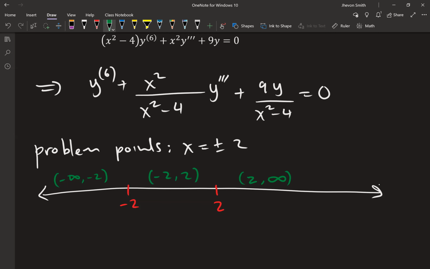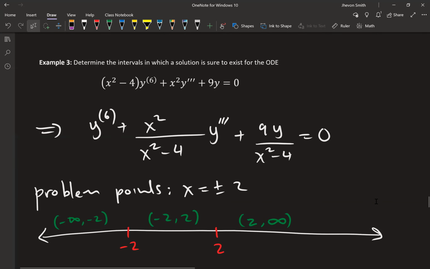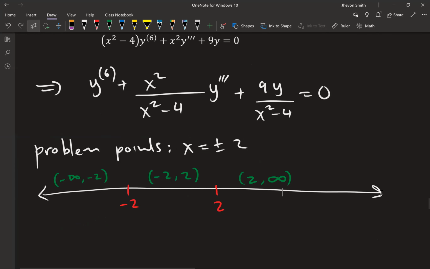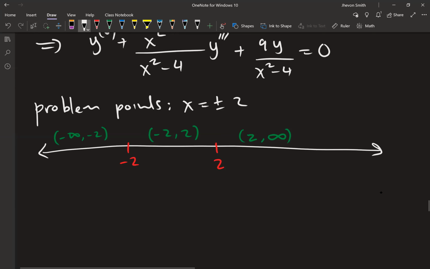And these are all the potential intervals where a solution is sure to exist, unique solution guaranteed. So these are the required intervals. And now once someone gives you an initial condition, you can cut down and identify specifically which one of these intervals you want to look at.